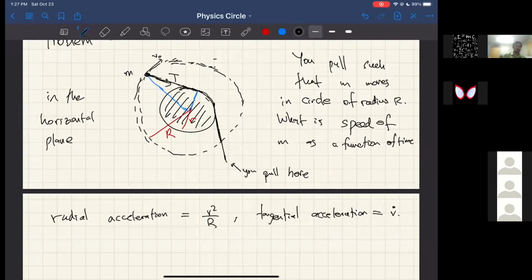So my question to you is, what is the radial force on this mass?